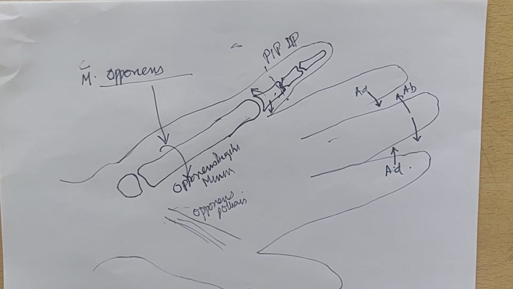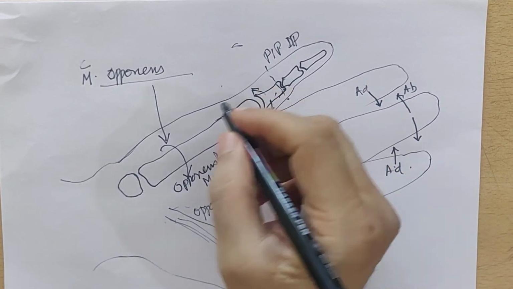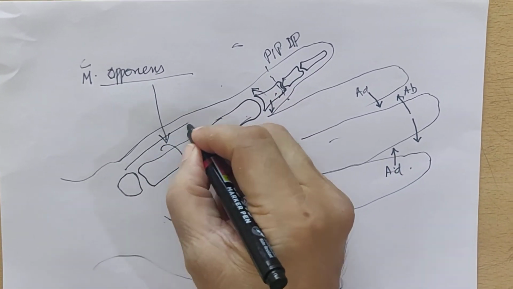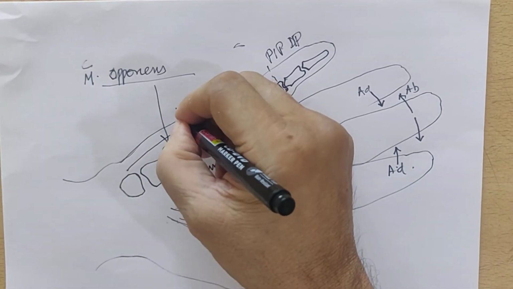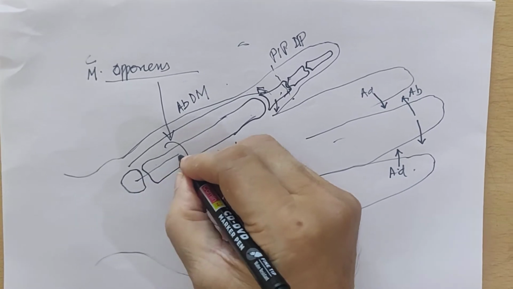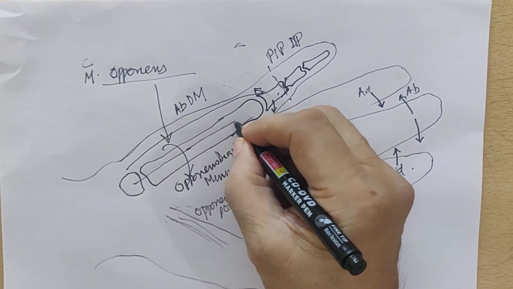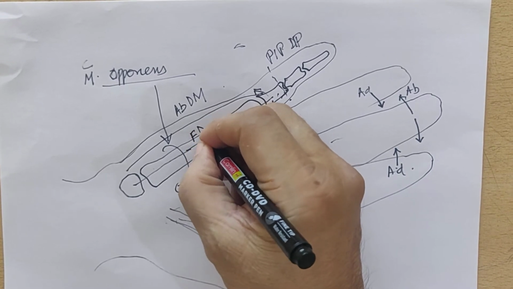Besides this, there can be abduction by abductor digiti minimi, flexion by flexor digiti minimi.